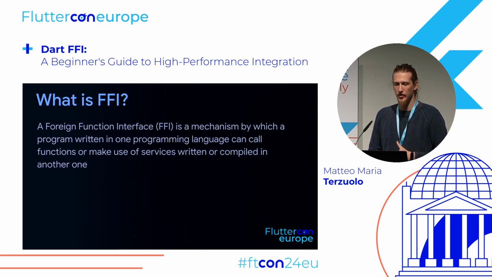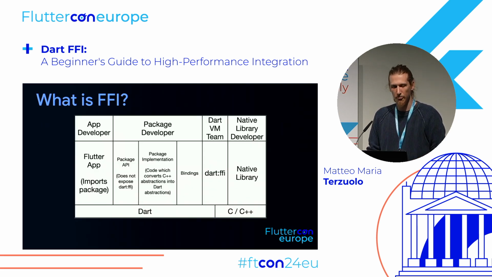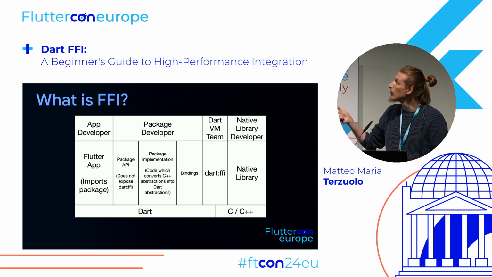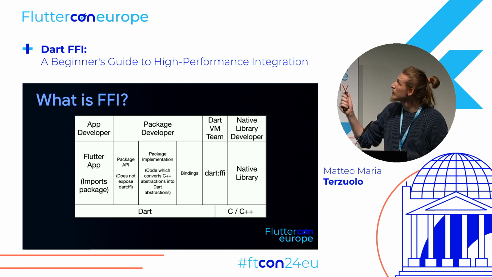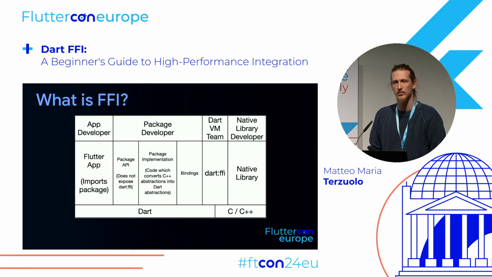You basically create an interface to translate one function to the other language, and then you can call functions written, for example, in C, like I did for my example that we'll see later, in Dart. That's the whole process that you use. It's basically magic, because you don't see any of those steps in your development.